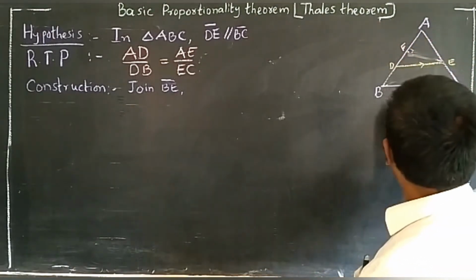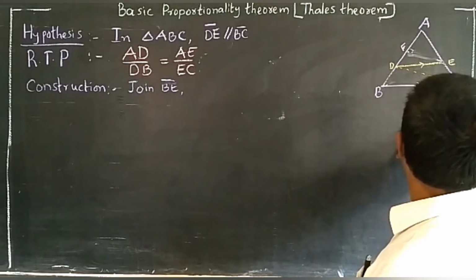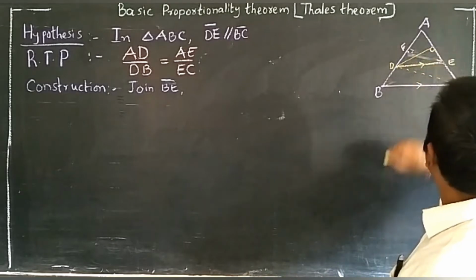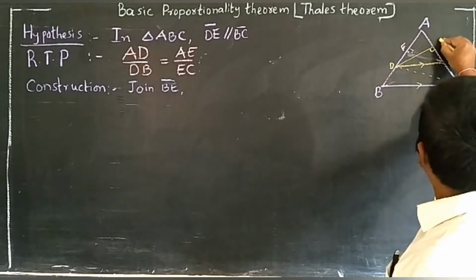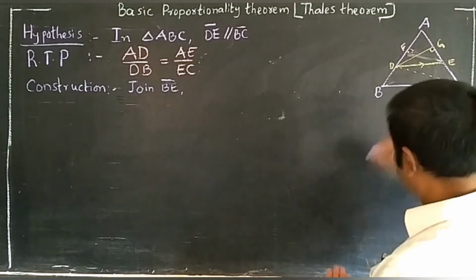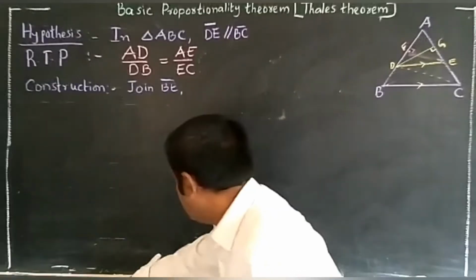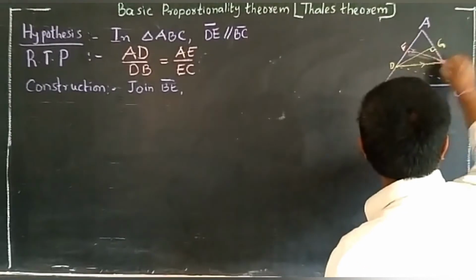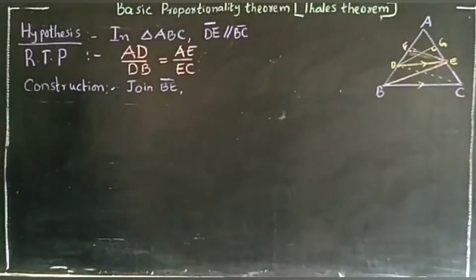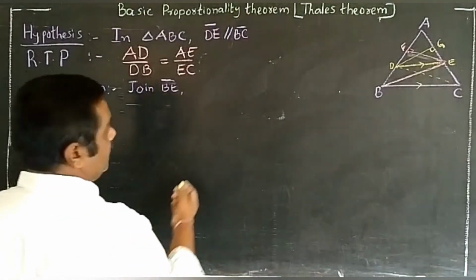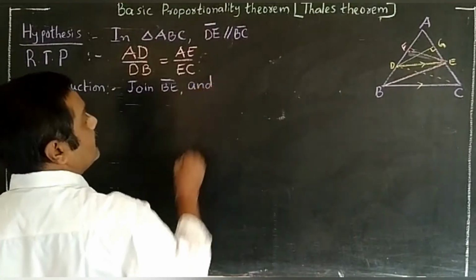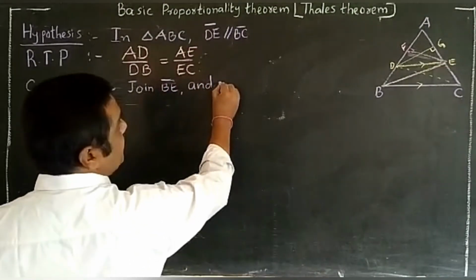That's why I am constructing like this also. Join CD, and for these two triangles the common altitude is, for example, GD. These are common altitudes. Okay, children, these two constructions I have done here: join BE and join CD also.